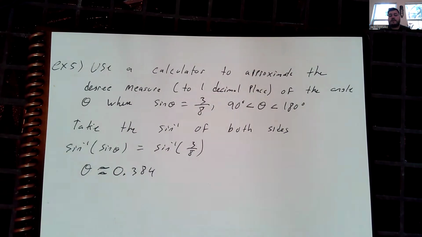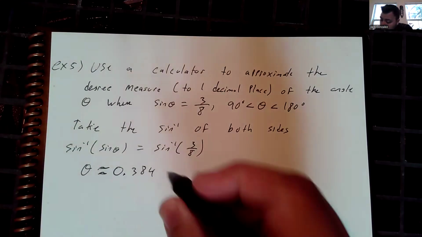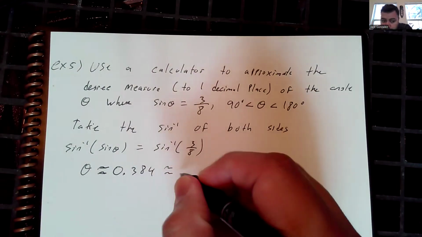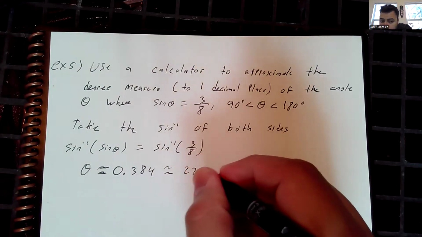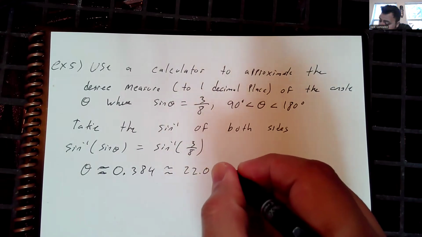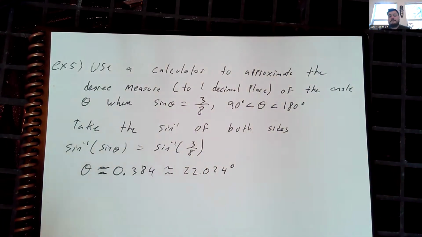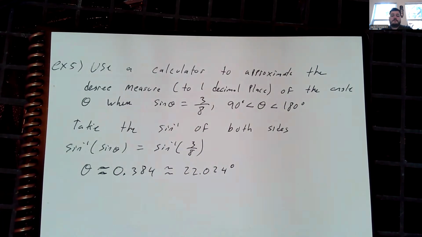I'm in radian, so that's radian. Degrees would be roughly 22.024 degrees. Okay.